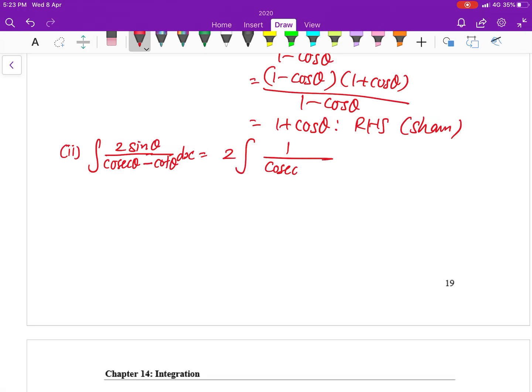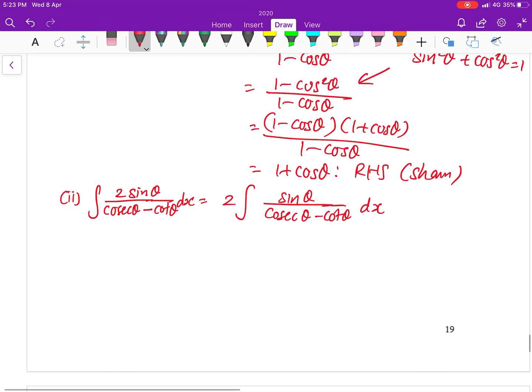Okay, I forgot to write sine theta. So basically I just bring out the 2. Sine theta over cosecant theta minus cotangent theta dx. Oh, hold on, it should not be dx because this is in terms of theta, so it's not dx, it's d theta.